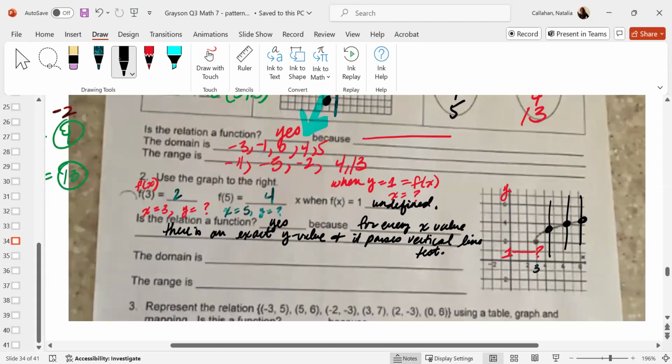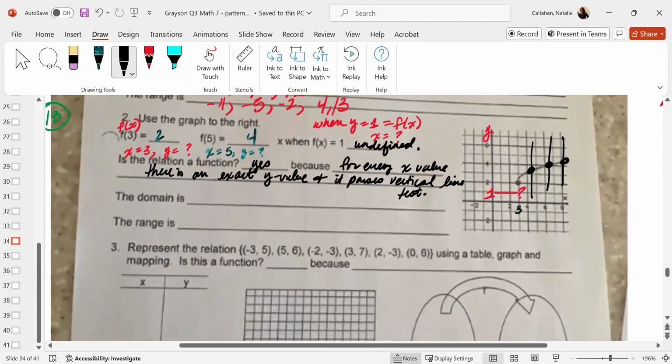Okay, the domain. So looking at the domain right here, look at the left and look at the right, correct? The domain is the left. How far to the left does your domain go? Where does it start on the left side? At 3. Good.